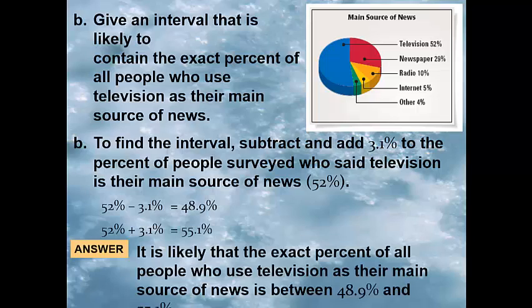So it's likely that the exact percent of all people who use television as their main source of news is between 48.9% and 55.1%. I hope that helps to find the margin of error and to find the interval.